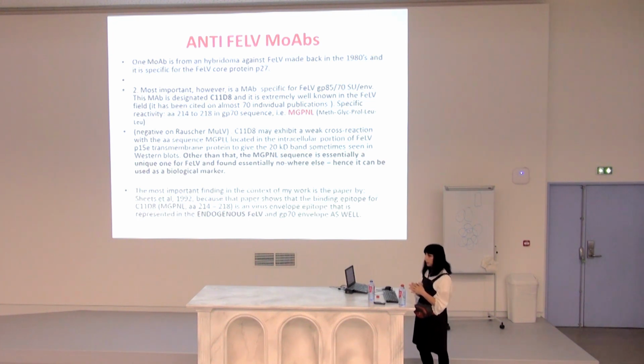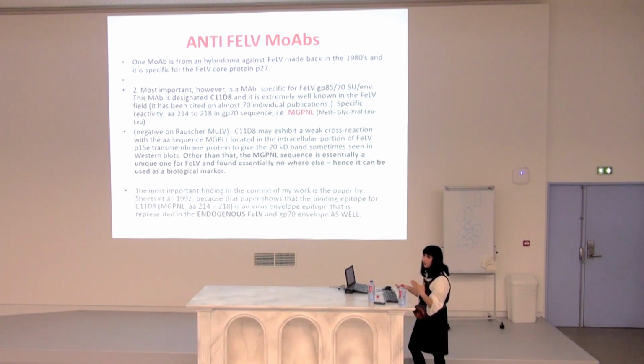I think the most important antibody I did use in the context of my work is an antibody that we call C11D8. And this antibody, C11D8, is extremely well known in the field of feline leukemia virus. This antibody only recognizes this epitope, MGPNL, and it is found only on the envelope of FeLV and nowhere else.